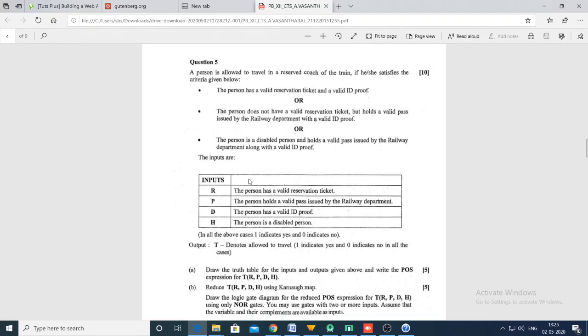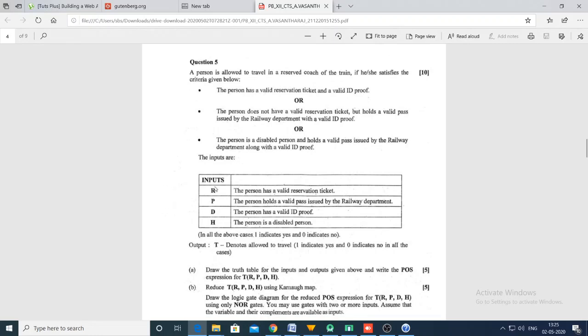So this is one logical problem. In this problem, they have clearly given the logical statements to be taken as input. The inputs R, P, D, H tell clearly that these statements are to be taken as input statements, and the output variable T is the one to be obtained.